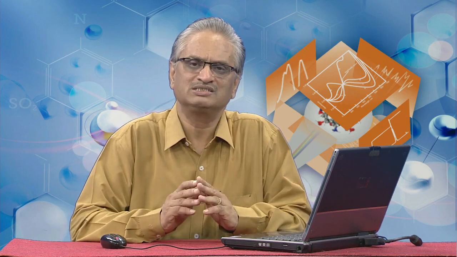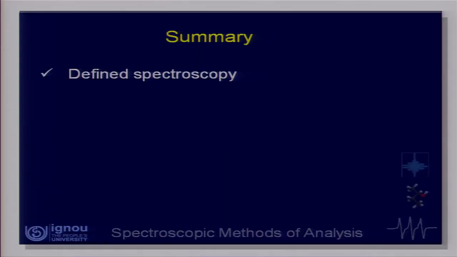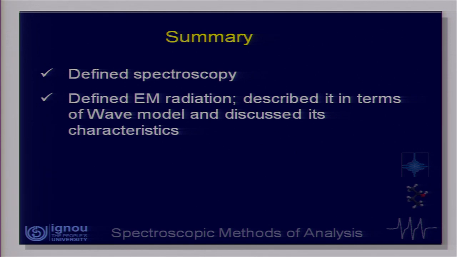Okay. Now, let us sum up what we have done today. We basically started by defining spectroscopy as the study of interaction of radiation and matter, and then we took up the first part of it, the nature of radiation. In this context we defined electromagnetic radiation in terms of the classical or wave description, and thereafter we discussed its characteristics.